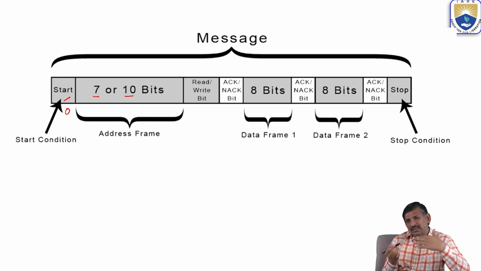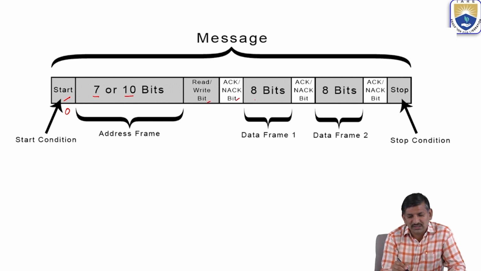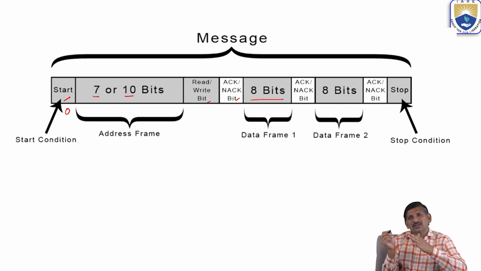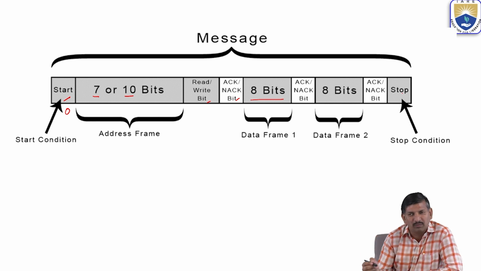Next, the acknowledgement bit. Next, 8-bit data: the first 8 bits, bits 0 to 7, then 8 to 15, 16 to 23, 24 to 31, like that. Next, the corresponding acknowledgement bits until it finishes sharing. When the transmission is completed, it sends the stop bit.